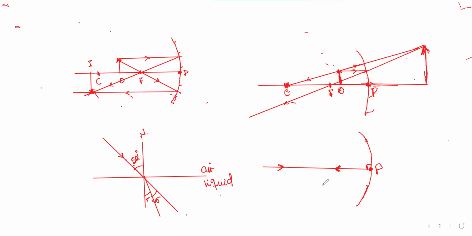That is the only condition where it will reflect back. Whenever you are incidenting a ray, there must be a normal, and the normal is always perpendicular to the mirror. So the normal would also be along that same path, because it must make an angle of 90 degrees with the mirror.